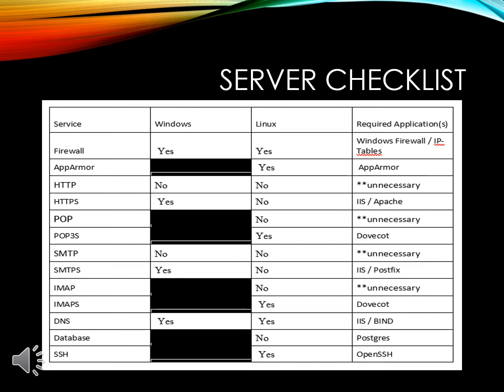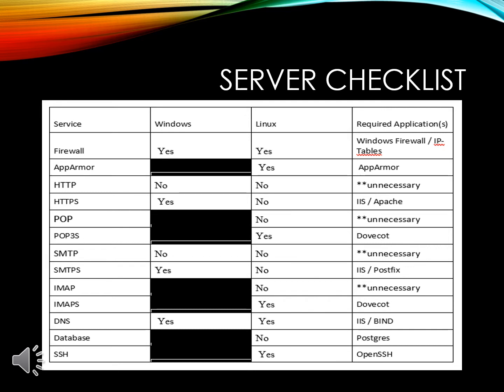SMTP was not configured in Windows or Linux because it was unnecessary. SMTPS was configured in Windows using IIS, but not in Linux with Postfix because I was not able to.